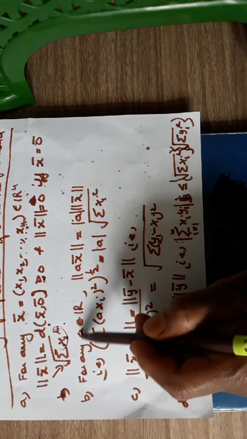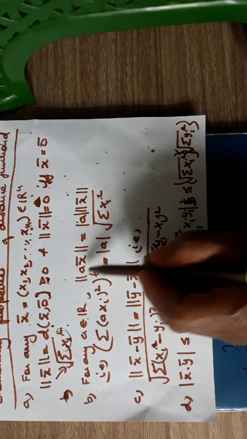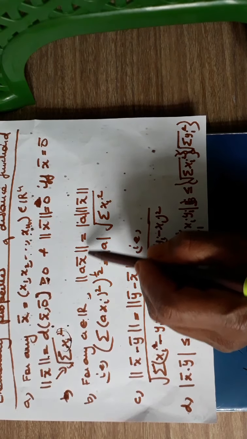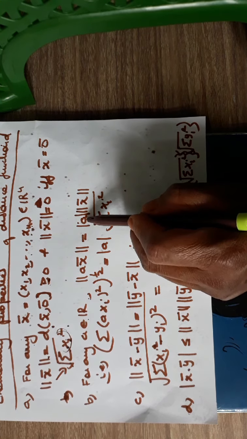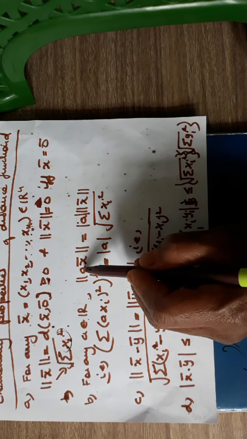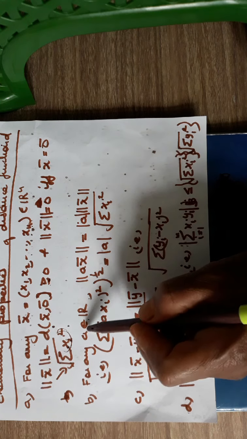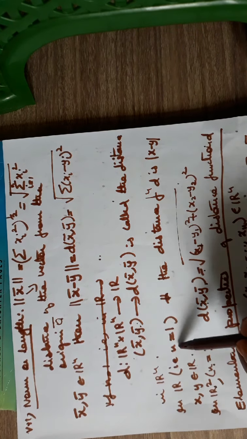And for any a belonging to R, where a is a scalar quantity or a real number, if you multiply it with x bar inside the norm, that is the distance of a x bar, this is the same as mod a into the norm of x bar. Even inside the norm, for any a belonging to R, we define the norm as the modulus if n is equal to 1.